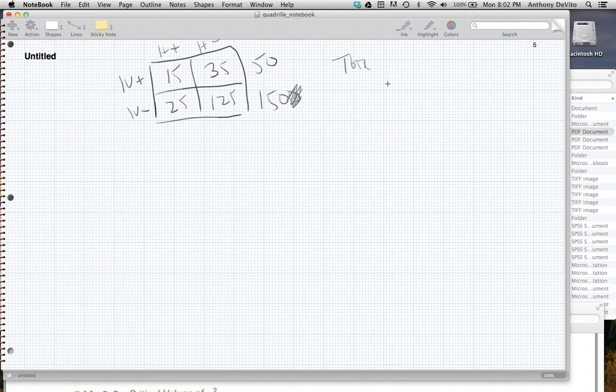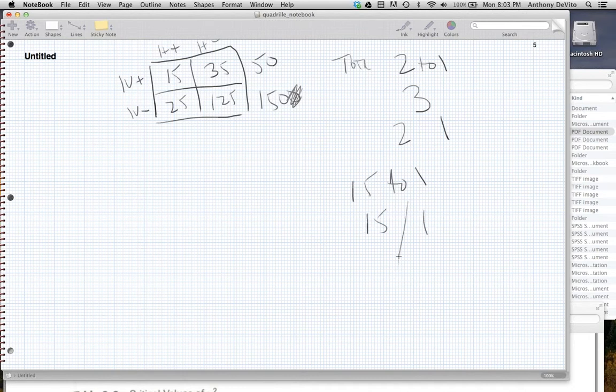When you look at the tote board and you see something like odds 2-1, what does that mean? That means that if this race were run 3 times, they're predicting that 2 times the horse would lose and 1 time the horse would win. If it's 15-1, they're predicting that if that race was run 15 times, this horse would lose 15 times and win 1 time.